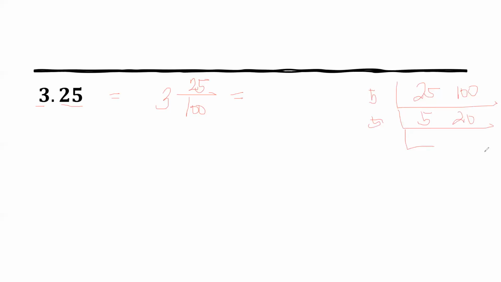So that will be 5 divided by 5, 1. 20 divided by 5 is 4. Ang 1 at 4, meron pa? Wala na po. So that is 1/4. Diba? Then kopyahin mo lang yung whole number. So that will be 3 and 1/4. Tapos na po tayo dyan. Maliwanag po?